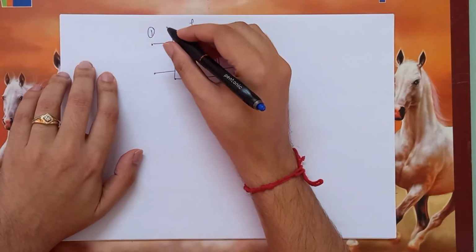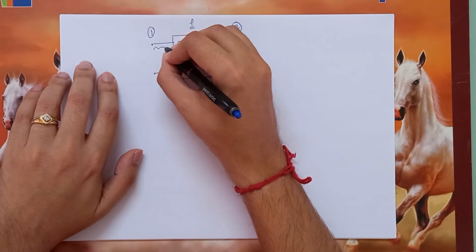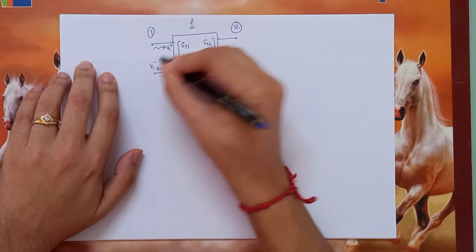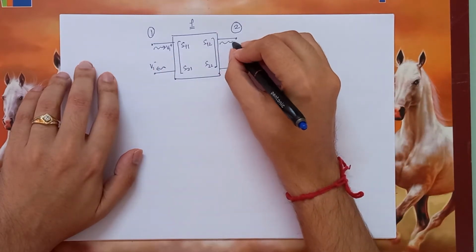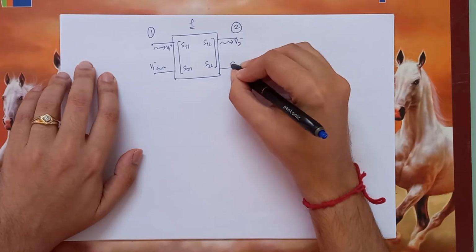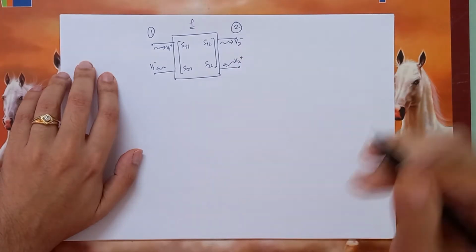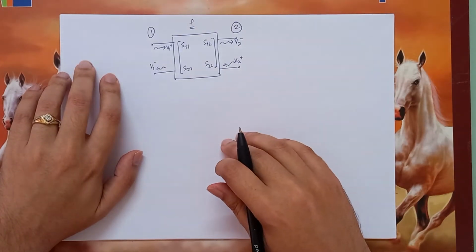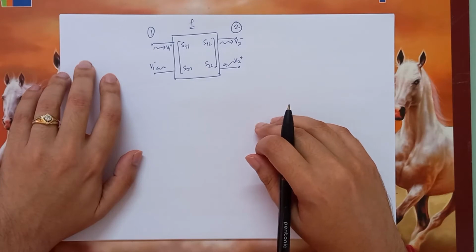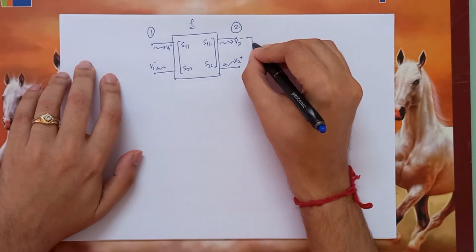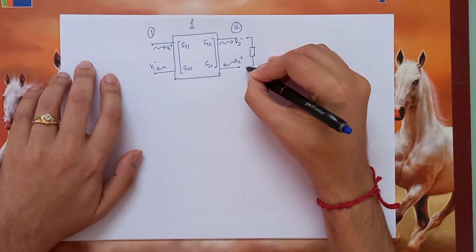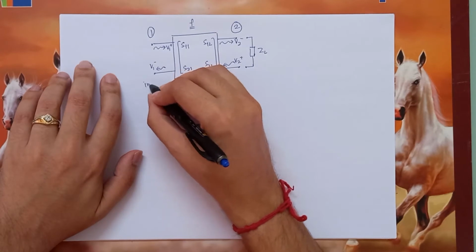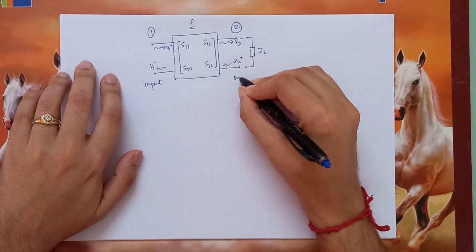Assume that the wave entering is V1 plus and the wave exiting port 1 is V1 minus, then this will be V2 minus and this will be V2 plus. Now suppose the amplifier has to drive some load, ZL, connected at port 2. So port 1 is the input port and port 2 is the output port.